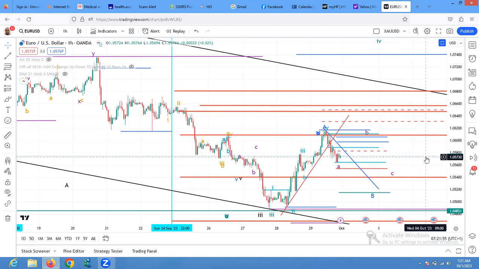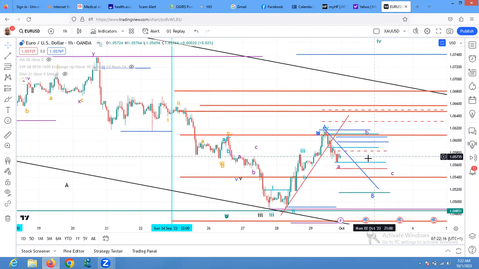So if I were you, I'd be looking at these to correct to the upside, because this might just be an A of B, a B of B might turn out to be some kind of a flat, and we might have a C of B.